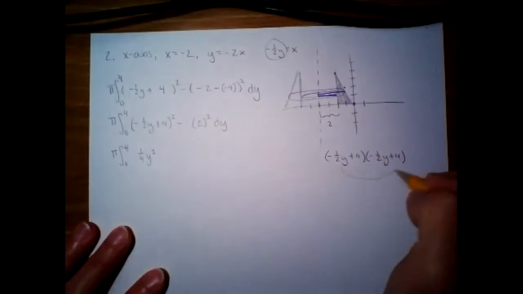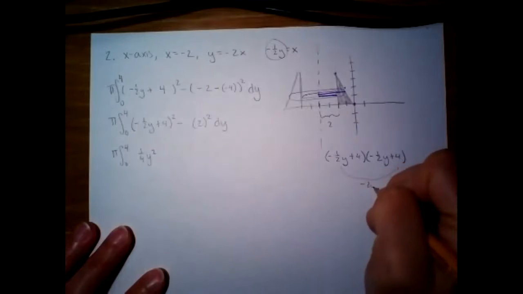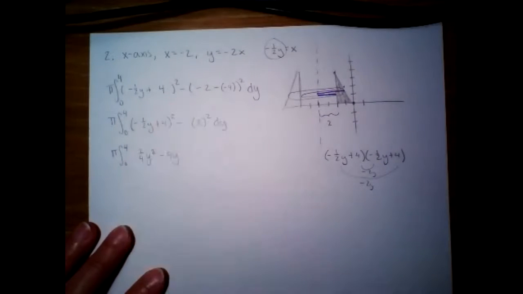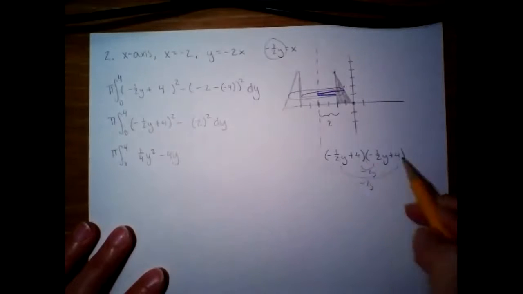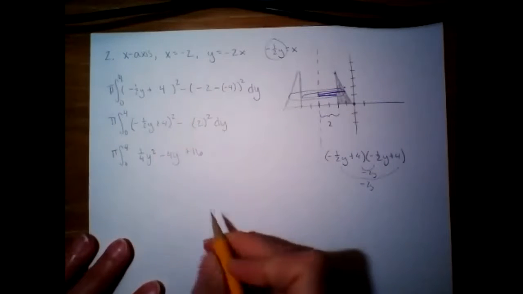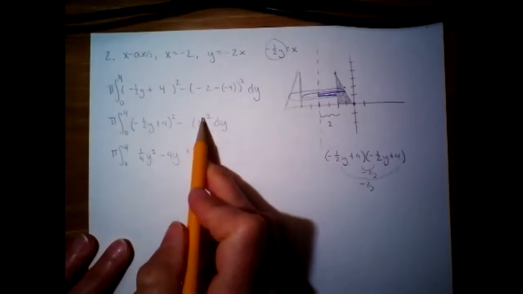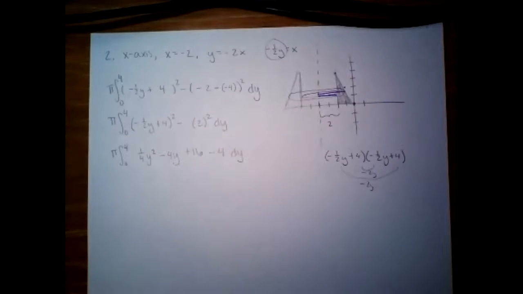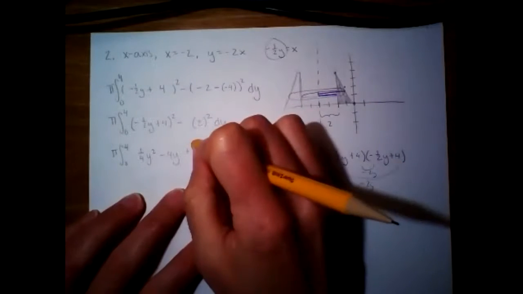And then the outsides are going to give you -2y. The insides are going to give you -2y. So together that is -4y. And then 4 times 4 is 16. All right, and then the second part, minus 2 squared is 4, so -4. I'm going to just erase and fix that. We have 16 minus 4, that would just be 12.